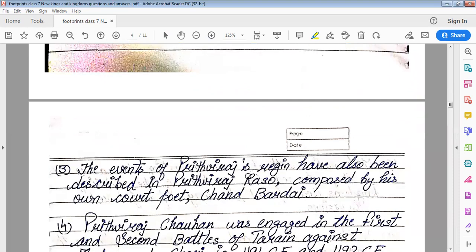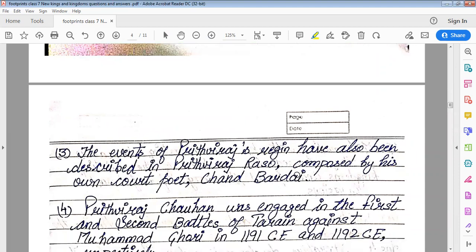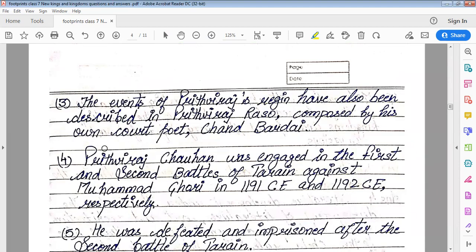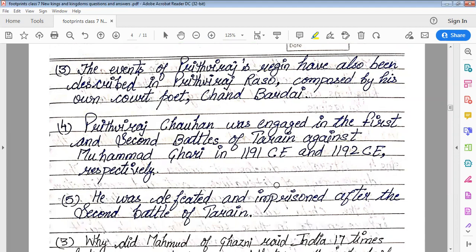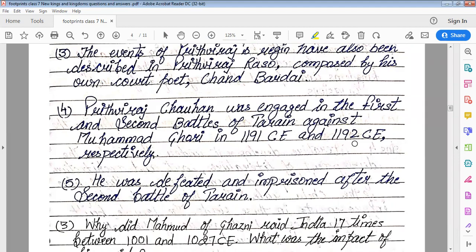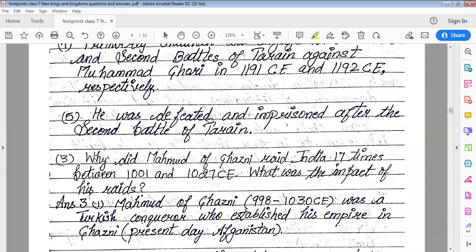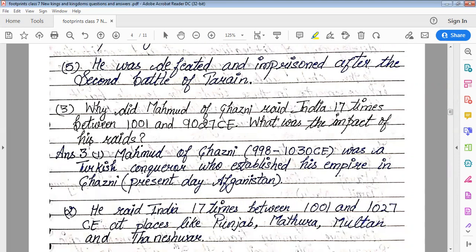The events of Prithviraj's reign have also been described in Prithviraj Raso, composed by his own court poet Chand Bardai. Prithviraj Chauhan fought the first and second battles of Tarain against Muhammad Ghori in 1191 CE and 1192 CE respectively. He was defeated and imprisoned after the second battle of Tarain.